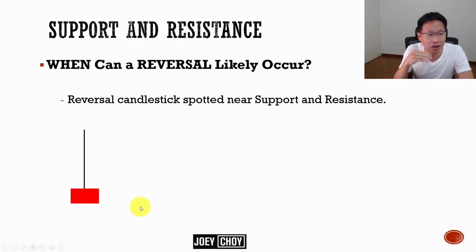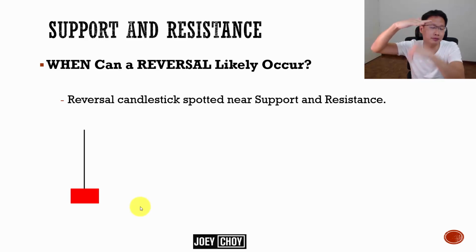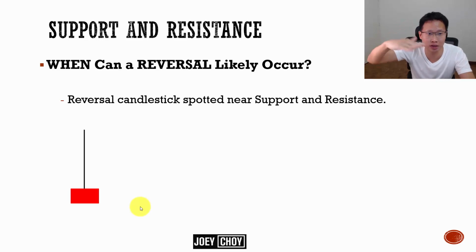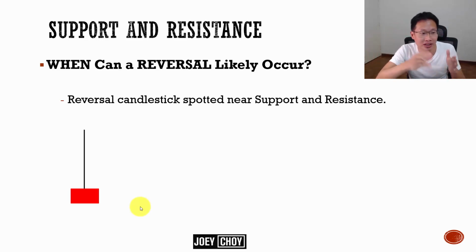So this is what we call a shooting star, and we spot this shooting star near a resistance level, right? A resistance level is whereby it touches, comes back down, touches, comes back down. So if we spot a shooting star right at this resistance level that has been holding for 3 months, 6 months, then you want to be careful, because that's where we can potentially see the reversal happening again, just like how it has happened over the past few months.